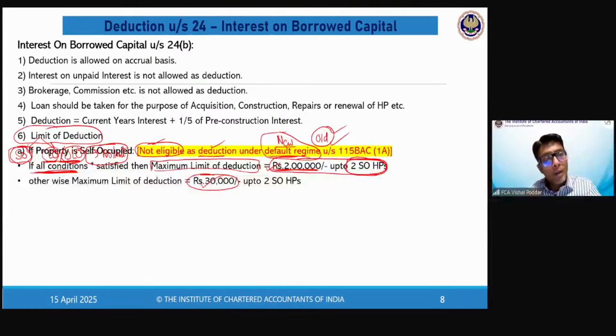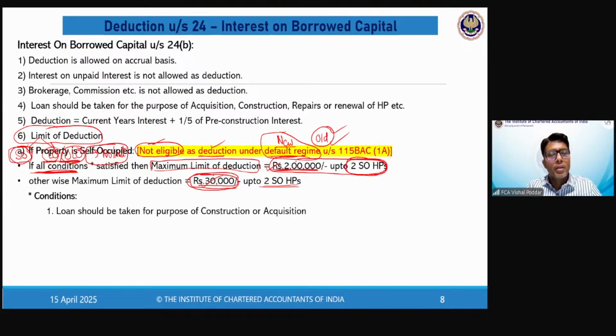You have two self-occupied HPs, together add both properties' interest, still the limit is 2 lakhs. So you cannot exceed 2 lakhs. That is the condition. And if any of the conditions which we are going to discuss now is not satisfied, then the limit is not even 2 lakhs. It will be 30,000 for both the self-occupied properties combined.